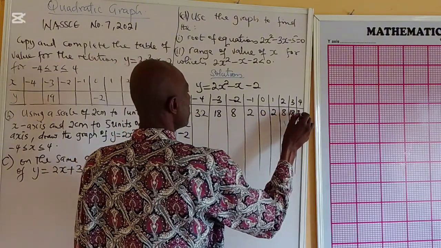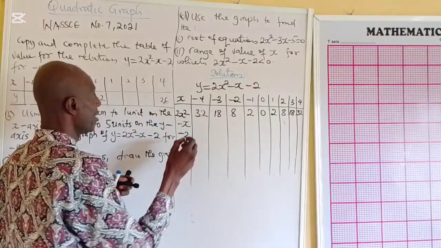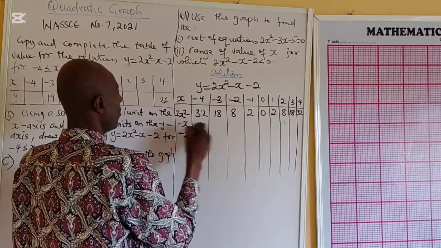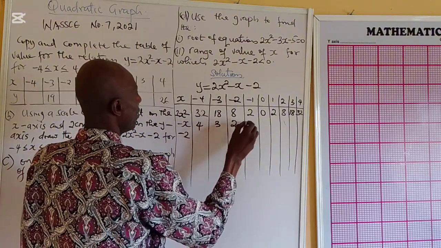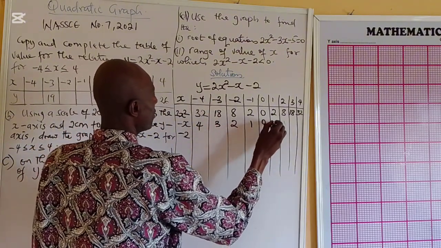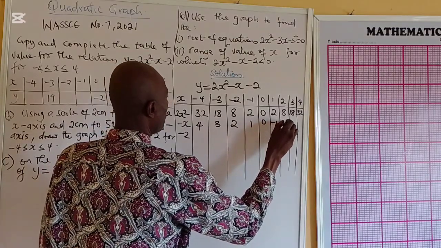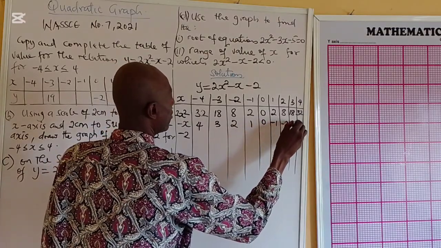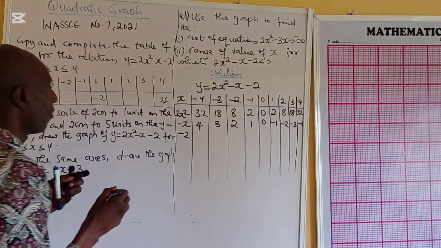Here is 32. So minus times minus 4 gives us plus 4. So this minus will change all the negatives to positives, and the positives to negatives: minus 1, minus 2, minus 3, minus 4.